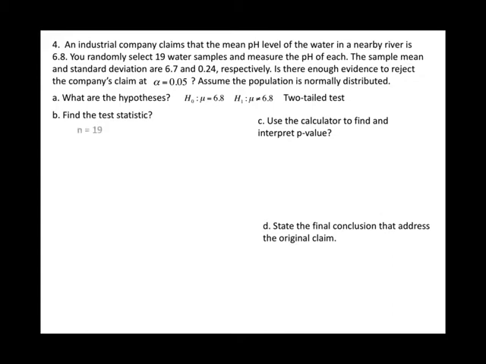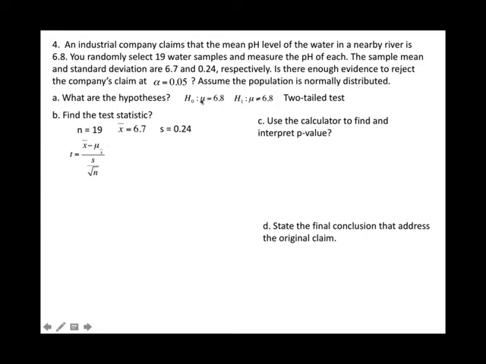Okay, find the test statistic. We have the sample n equal to 19, sample mean 6.7, and the sample standard deviation. Okay, how about the population mean? Remember, for the population mean, you look at the null hypothesis. That would be 6.8.